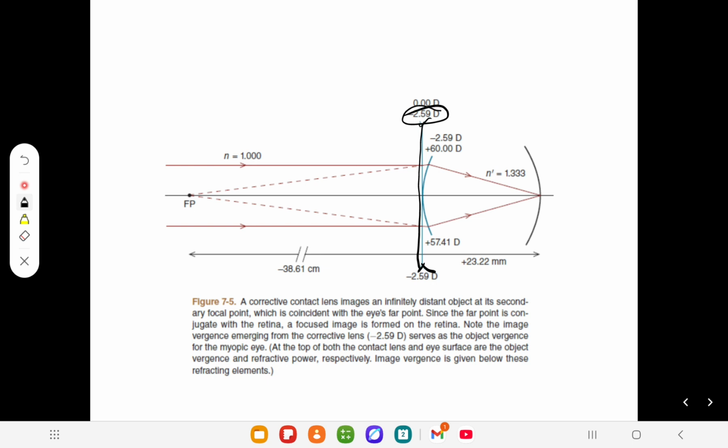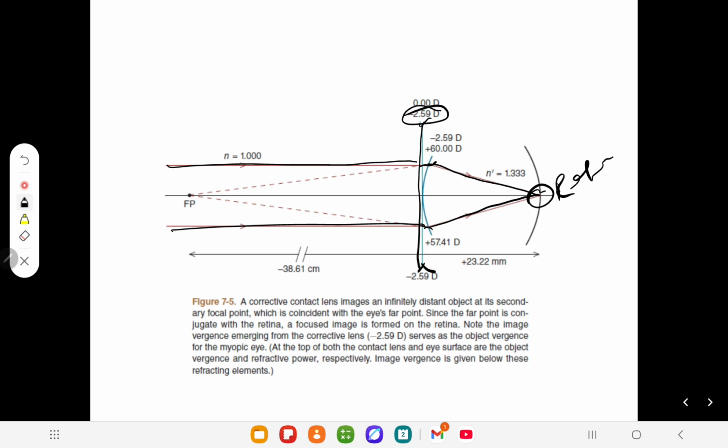Then what happens is light coming from infinity diverges here, isn't it? And that divergence is so suitable that the cornea refracts it and focuses it exactly on the retina, exactly on the fovea.